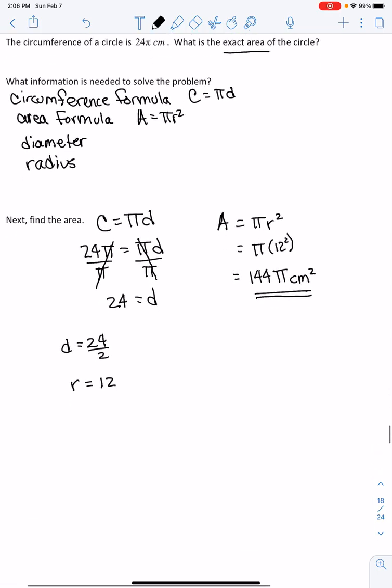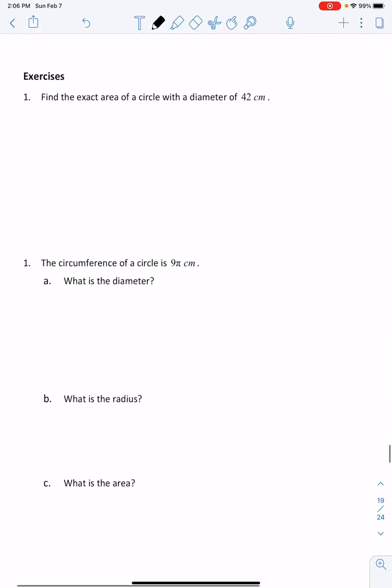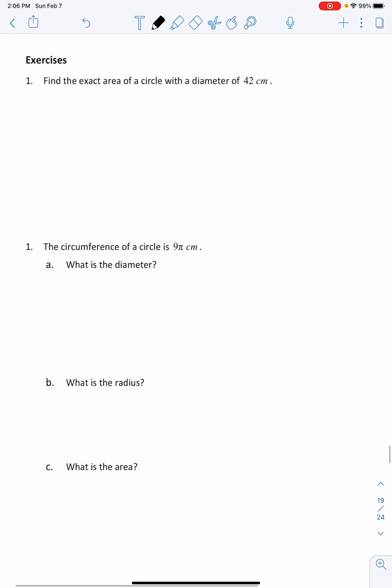Our next example is to find our exact area of a circle with a diameter of 42 centimeters. So if my diameter is 42, we can divide that by 2, which means our radius is 21.